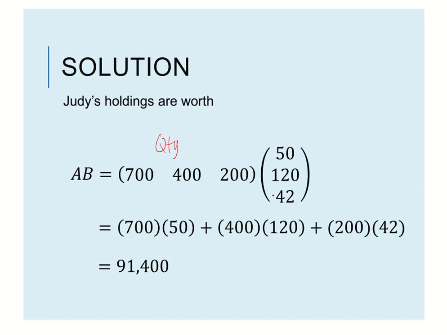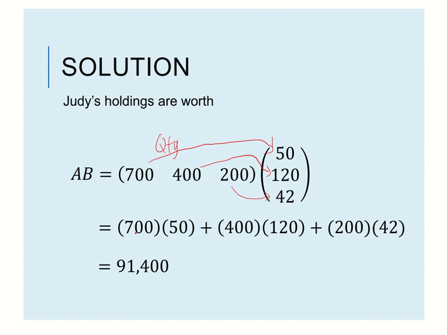Now, to find the total value, we take the quantity multiply the price, and the second one, the quantity multiply the price, and the third one, BSC, quantity multiply the BSC price.